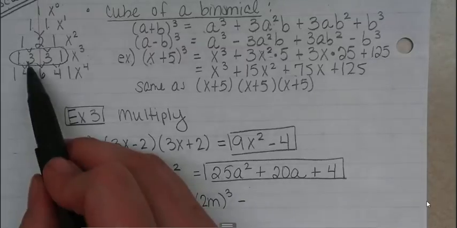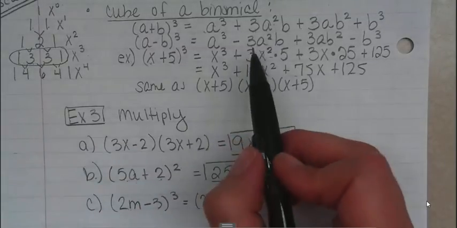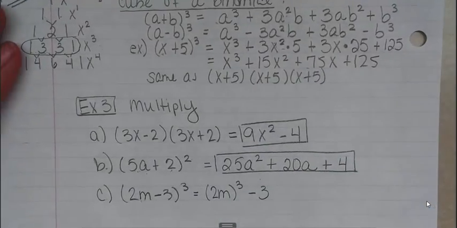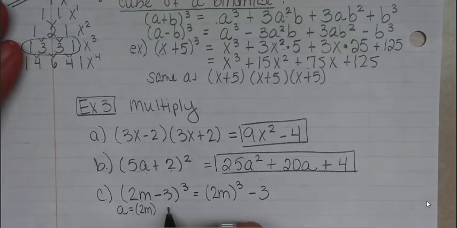I've got a coefficient now of 3, or you can look here. And then I should break up what A and B are. A is in fact 2m, and B is in fact 3, or negative 3.